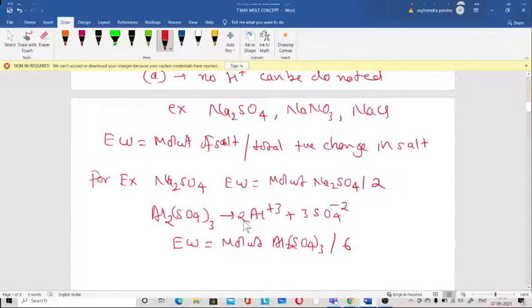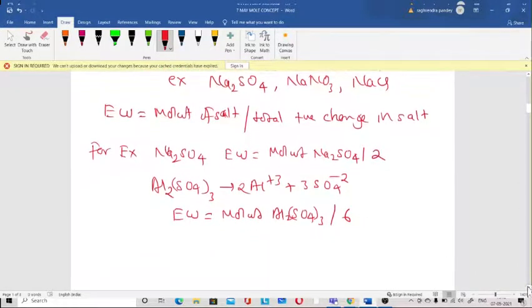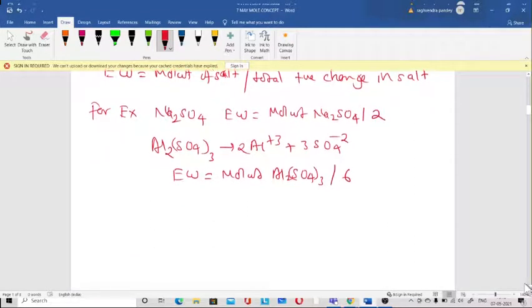Why? Because each aluminium has a plus 3 charge, so 2 aluminium have plus 6 charge. The same you can take for the negative charge, because positive and negative charge are equal and the molecule is neutral. So there are 6 negative charges. That is your equivalent weight for a salt which doesn't have any replaceable hydrogen.